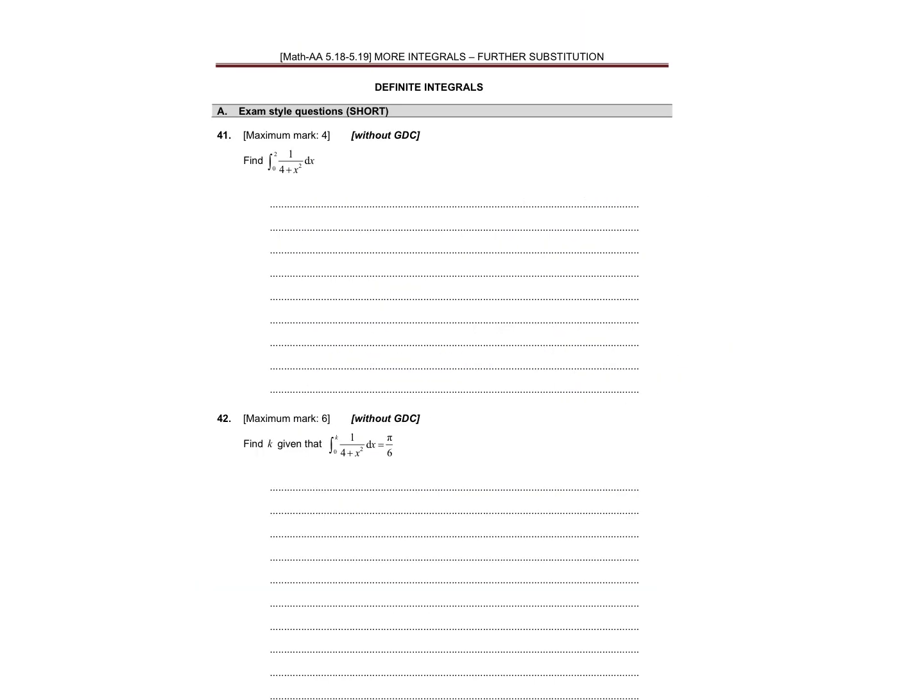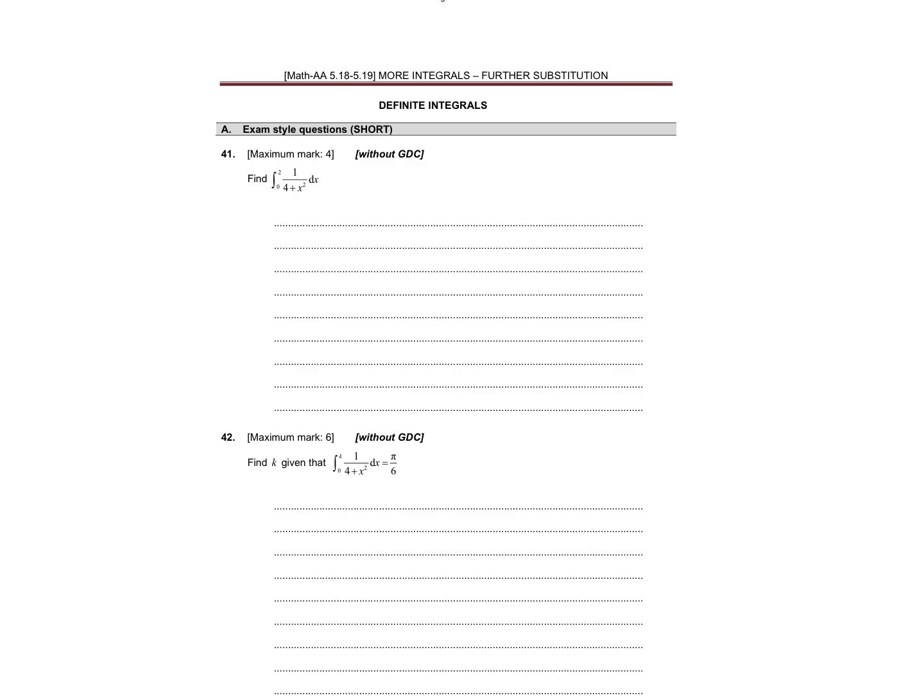Okay, so this one, we need to integrate, but now there's not going to be a constant. So this is going to be an arctan. So it's going to be 1 over 2 arctan x over 2.